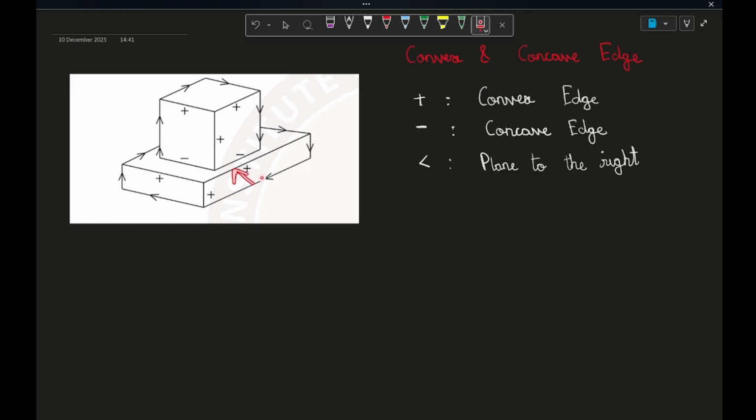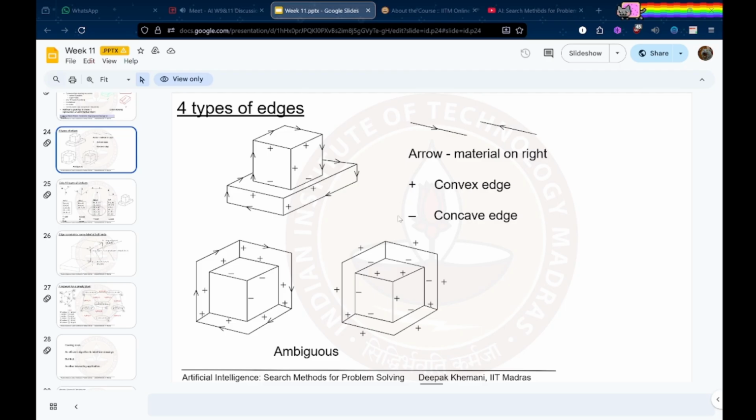So the entire material is on the right hand side of this edge, inwards, inwards, inwards. I think that's the simpler one. These two are the ones that I did not understand yesterday. I understood them today because of this, so I just wanted to mention that.